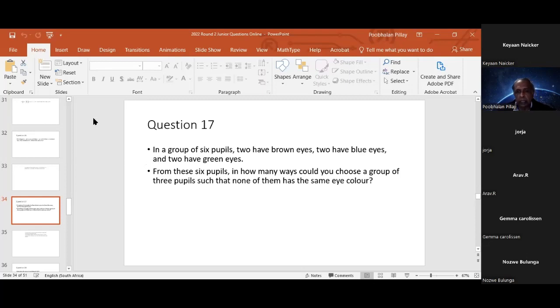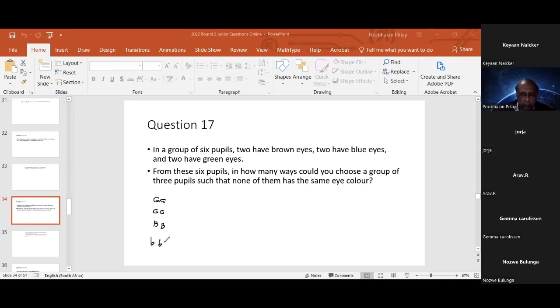Right. Now let's just identify them. Let's draw something like this, 6 pupils. So 2 have got green, brown. Brown. And blue. Oh, the bad choice.